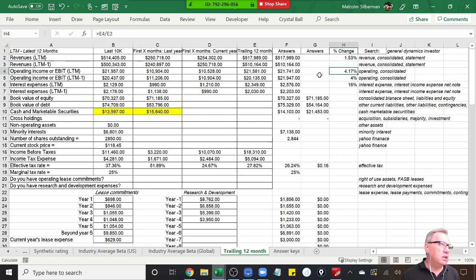If I highlight it for you, it is 4.17%. That's small, huh? Tech companies can do 30, 40%, sometimes even 60, but these guys work on thin margins. Interesting how thin their margins are.